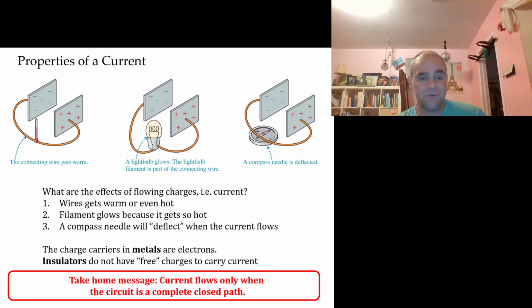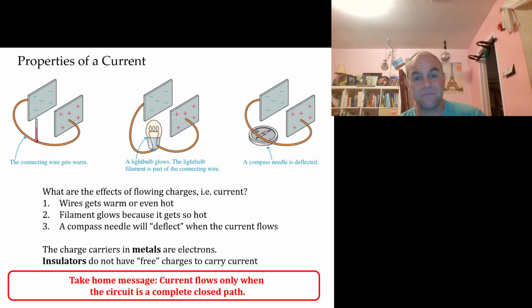Some things that you'll notice about current sometimes, hopefully you won't in lab. I've tried to design the lab so that this won't be the case, but if you have a lot of current flowing through a wire, the wires can get kind of warm. You may notice sometimes electrical circuits can get warm, computers get warm, that's why they have fans in them. It's because of the currents that are flowing through the wires in the computer.